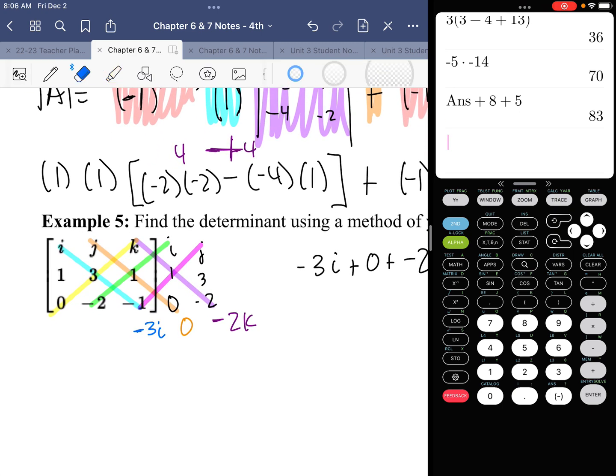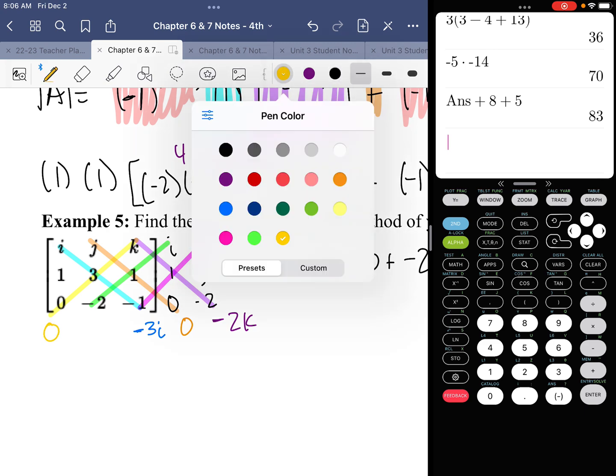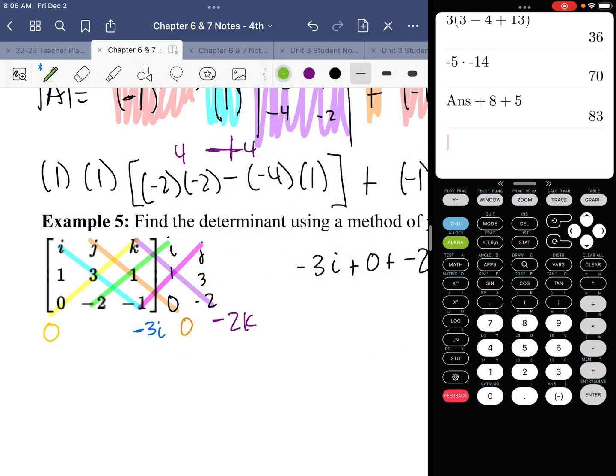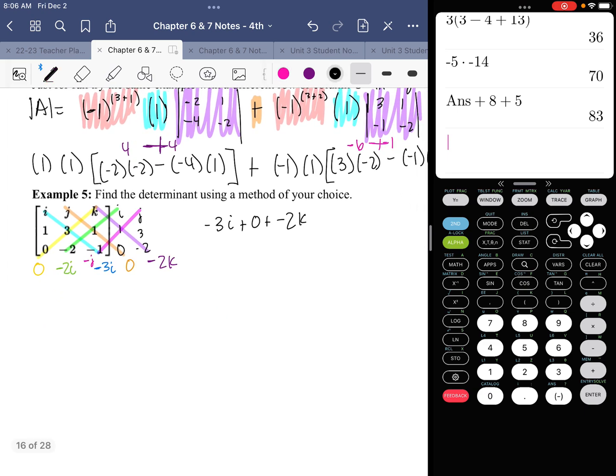So here we've got k times 3 times 0 is just 0. i times 1 times negative 2 is a negative 2i. And then j times 1 times negative 1 is just a negative j. And these ones we're going to subtract.